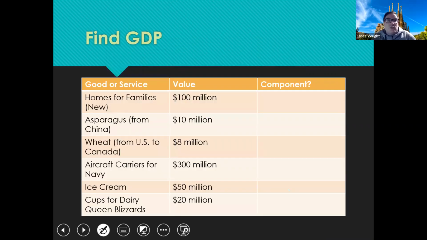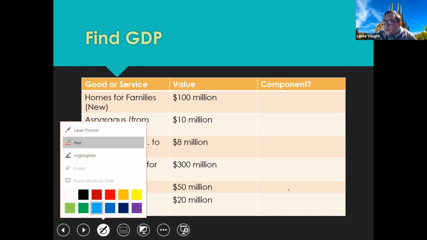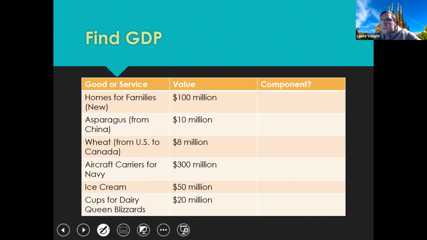So let's do a quick little example here. Basically, I just wanted to identify which component these things fall under so you know what is what. If we're building new homes for families, the contribution to GDP will happen because it's a final good.